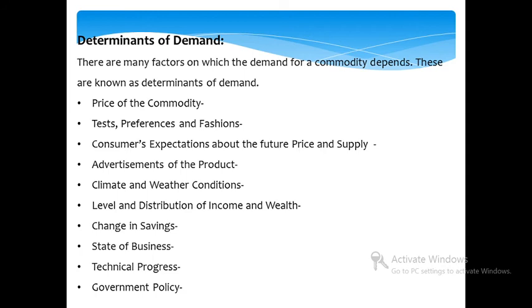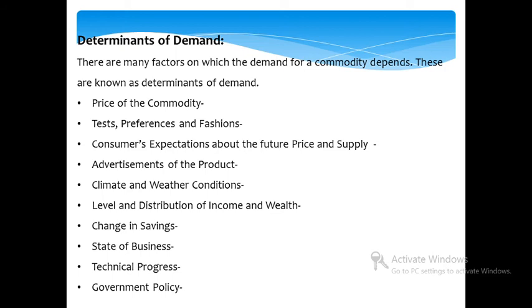Then the next point is climate and weather conditions. Then level and distribution of income and wealth. The next point is change in savings. Also the next point is state of business.